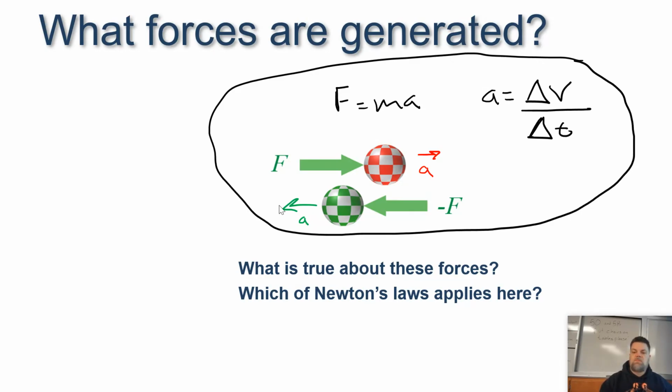And remember, the acceleration just means there's a change in velocity. The red ball had a velocity of 0. Now it doesn't. The green ball had a faster velocity in the positive direction. Now it's going in the negative direction, and it's going a little slower. The magnitude is decreased. Okay?